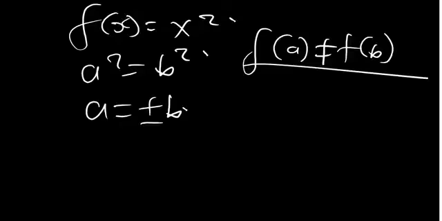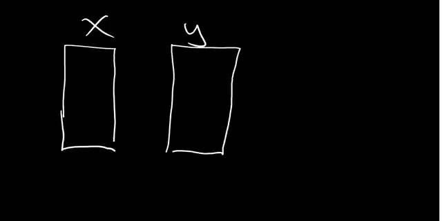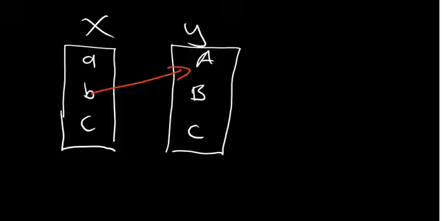Okay, sometimes you might think of the relations. So let's say we have x and then you have y. So let's have this now. We see how you can represent a one-to-one function using mapping. So let's say this is a, this is b, this is c. Okay, then this is maybe capital A, capital B, capital C. So if this one goes there, this one goes here, okay, once again this one goes there, then this one goes here.